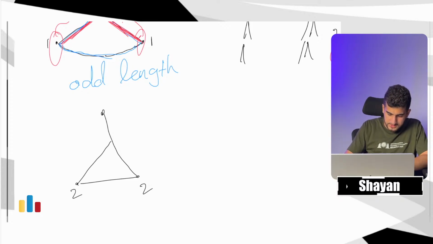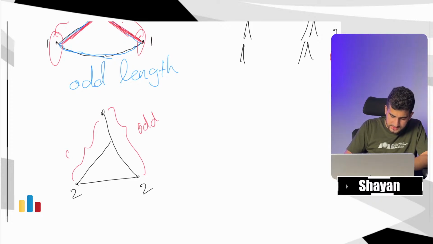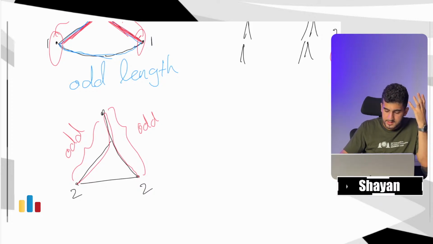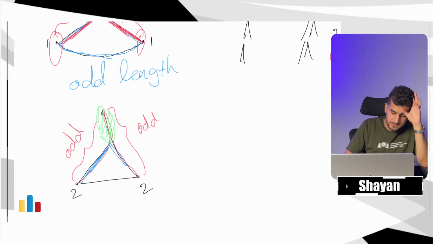So if the root is here, this distance is odd, and this distance is odd as well. If I come from here to here and then come back from here to here, the sum of these two is even, and this part is counted twice, so it has no effect on parity. So I can say that this part is even.